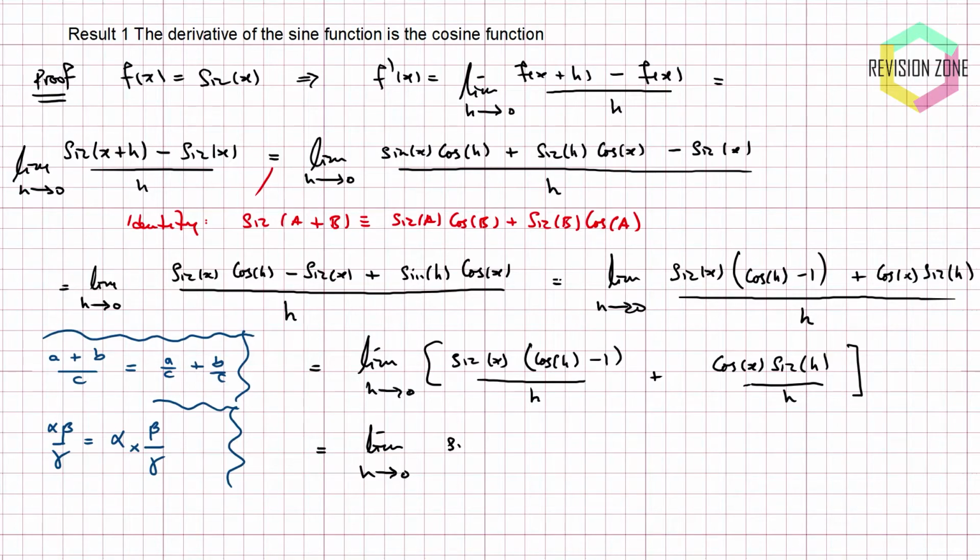I can write the sine x by itself times the cos of h minus 1 over h and put some brackets around here maybe. Okay, and then the same thing here, the cos x by itself, and then times sine of h over h, put some brackets around.